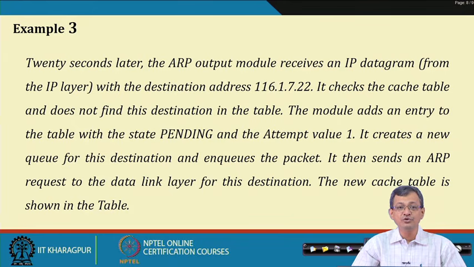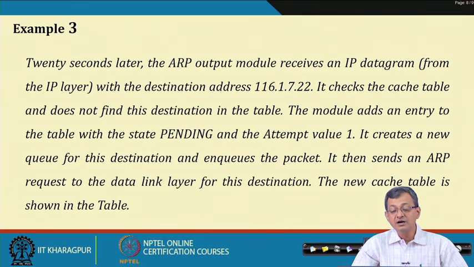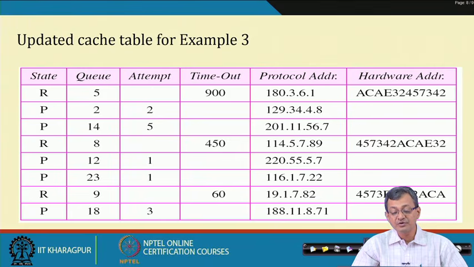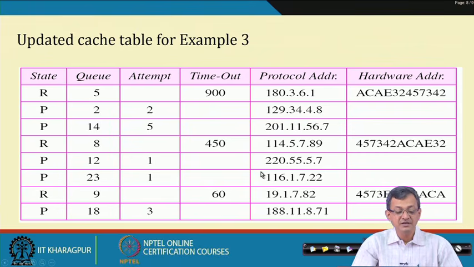It creates a new queue for the destination, enqueues the packet, and then sends an ARP request to the data link layer for the destination. The new cache table will look like this. There is a new entry for 116.1.7.22 with a pending entry, and a new queue with attempt 1.